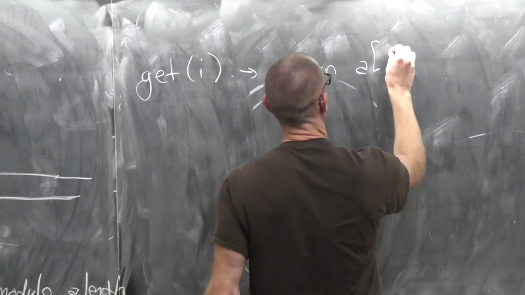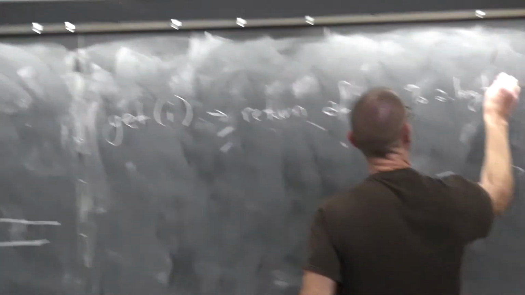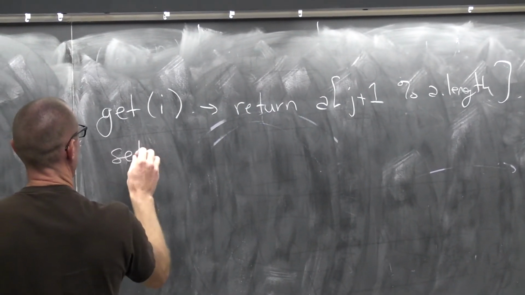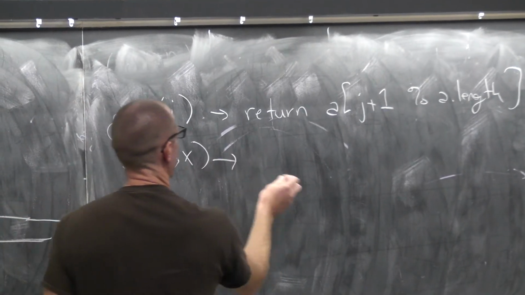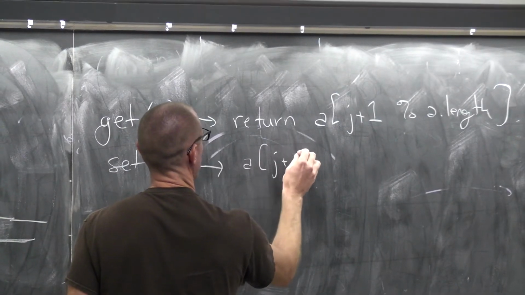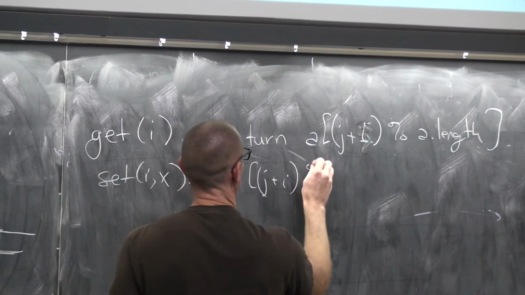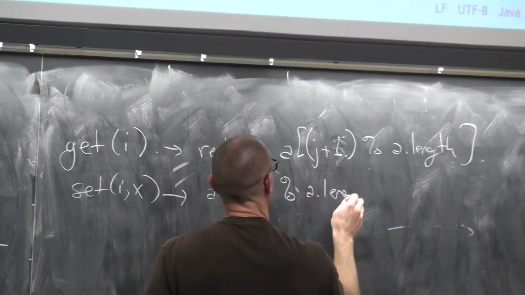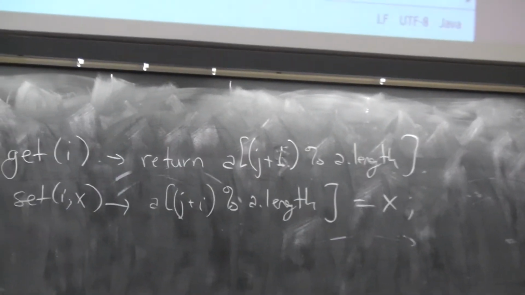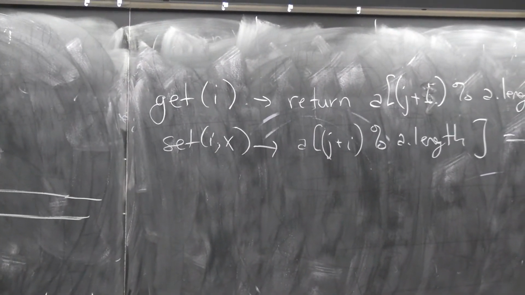Yeah, A at j plus i mod A dot length. And set i, x, that's roughly A at j plus i mod A dot length equals x. That's the short version of it. Actually, you have to save the old value and return it, but that's the main idea.